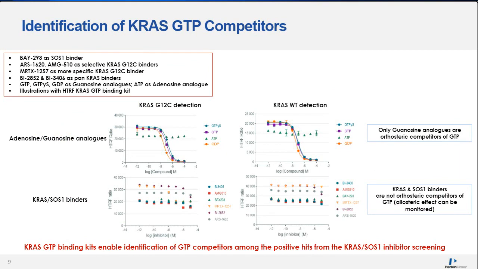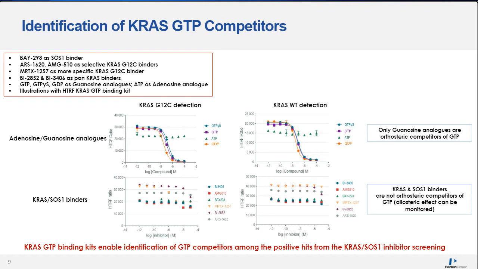In terms of what the assays provide, they are biochemical assays designed to identify specific compounds competing the GTP bound in KRAS G12C or wild type. We have a good demonstration of that competition on the slide. In the corresponding experiments, a panel of reference nucleotides and reference KRAS SOS1 binders have been tested.